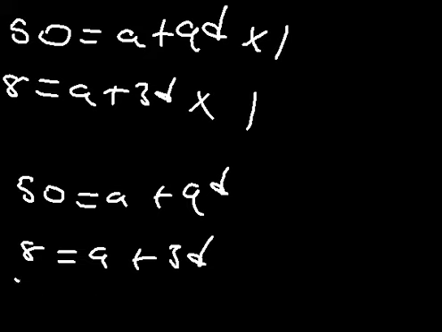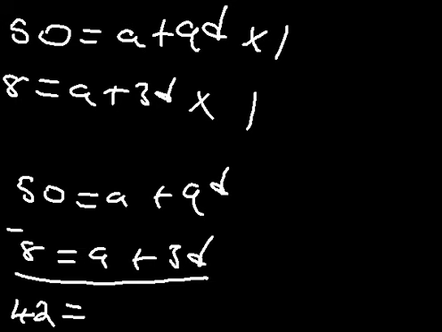We subtract the equations to get rid of a, according to the elimination method. So we subtract the two equations. We have 42, that is 50 minus 8, is equal to 9d minus 3d, which is 6d.